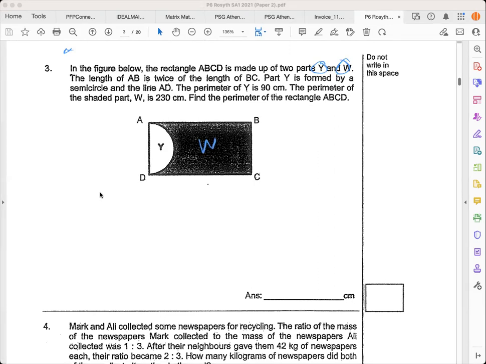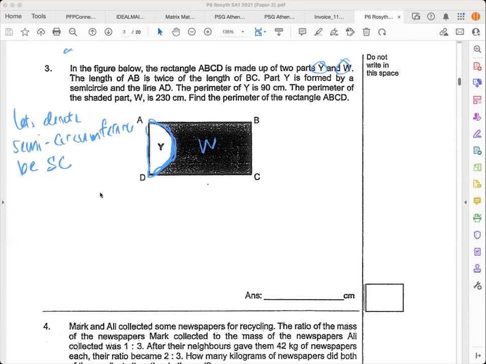So let's denote the semicircle circumference, which is this semicircle circumference, as SC.